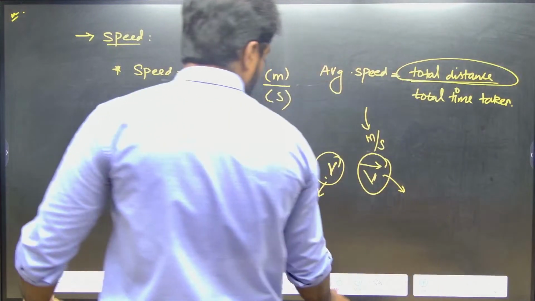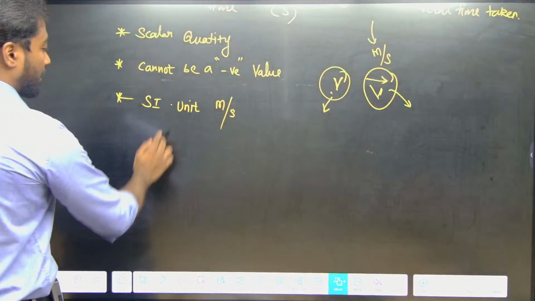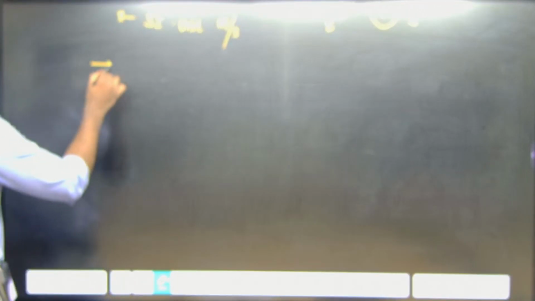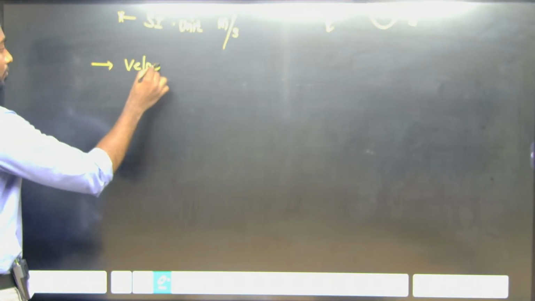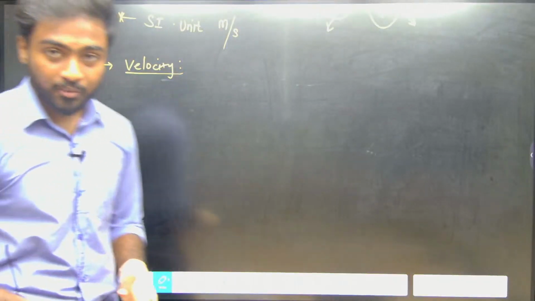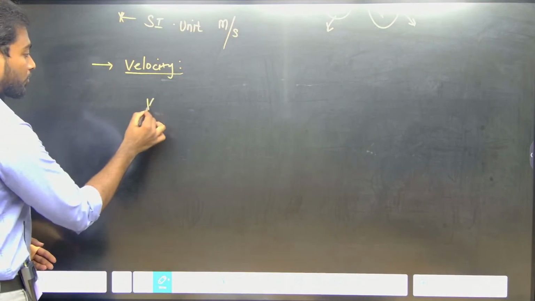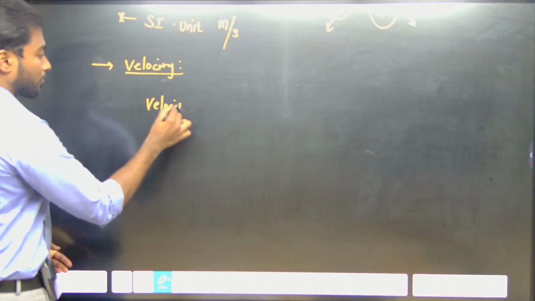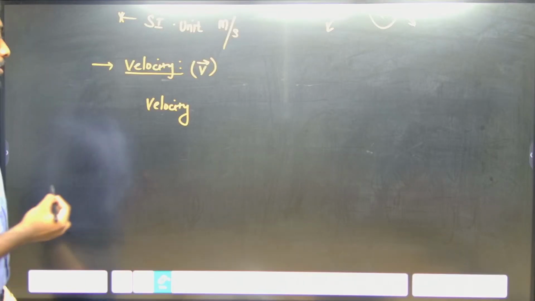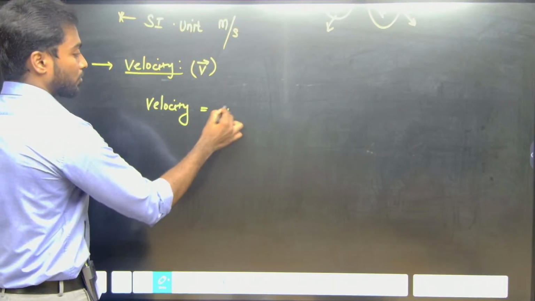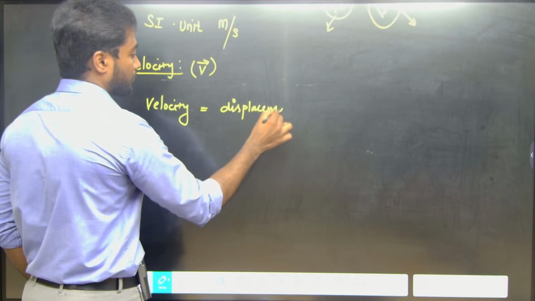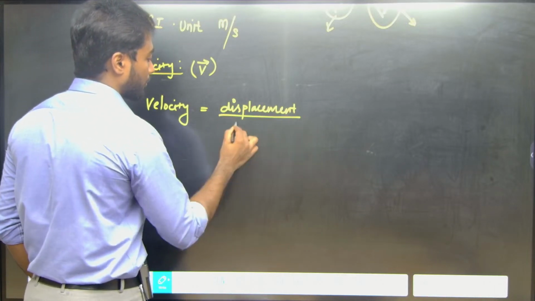Next we will talk about velocity. Velocity we basically relate with displacement. Velocity is equal to displacement by time.